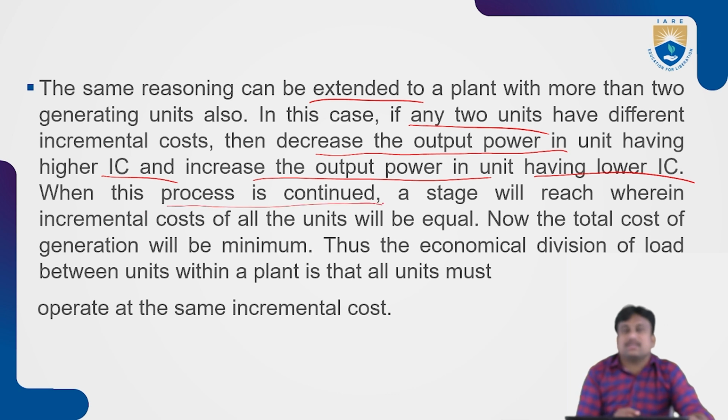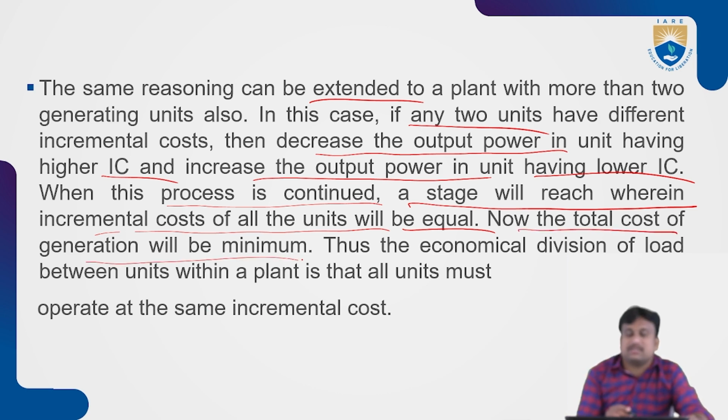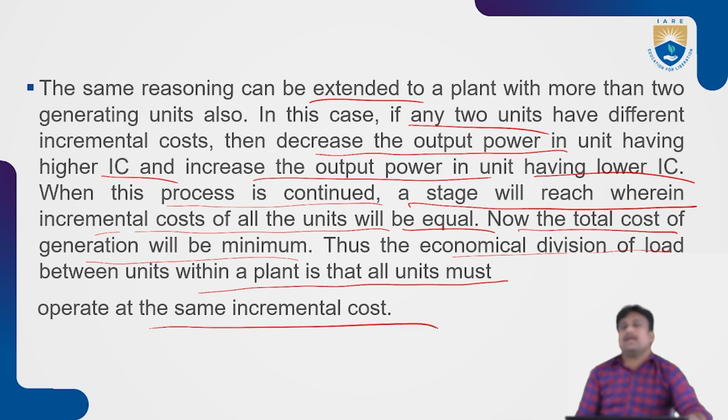When this process is continued, a stage will be reached wherein the incremental costs of all the units are equal. Now the total cost of generation will be minimum. Thus, the economical division of load between the units within a plant is that all the units must operate at the same incremental cost.